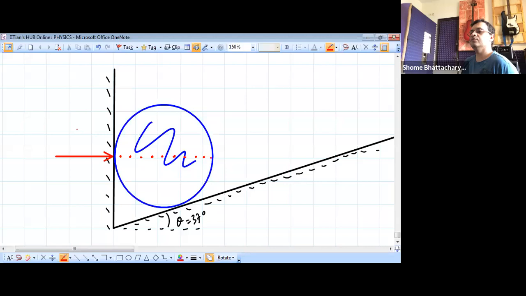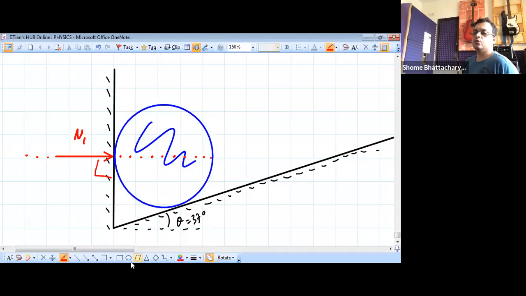So this is N1, let's say. This is the normal reaction because of the wall. So it will act in the direction which is perpendicular to this wall. As you can see, this angle is 90 degrees.